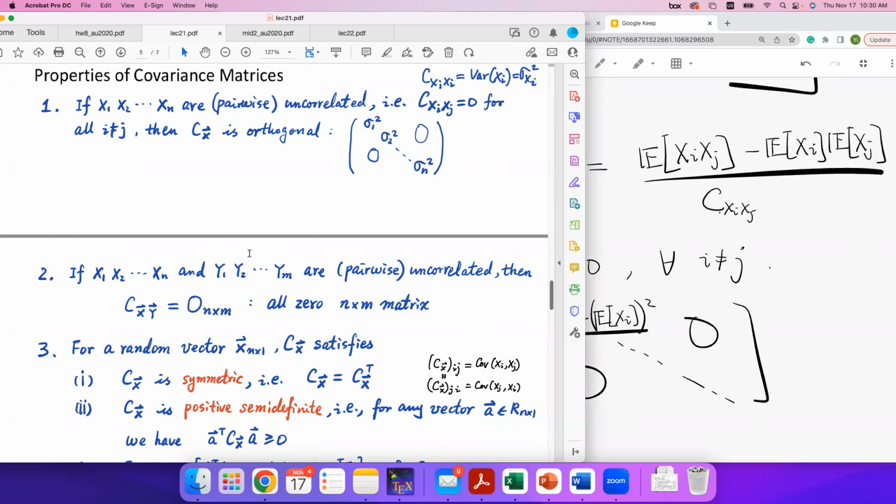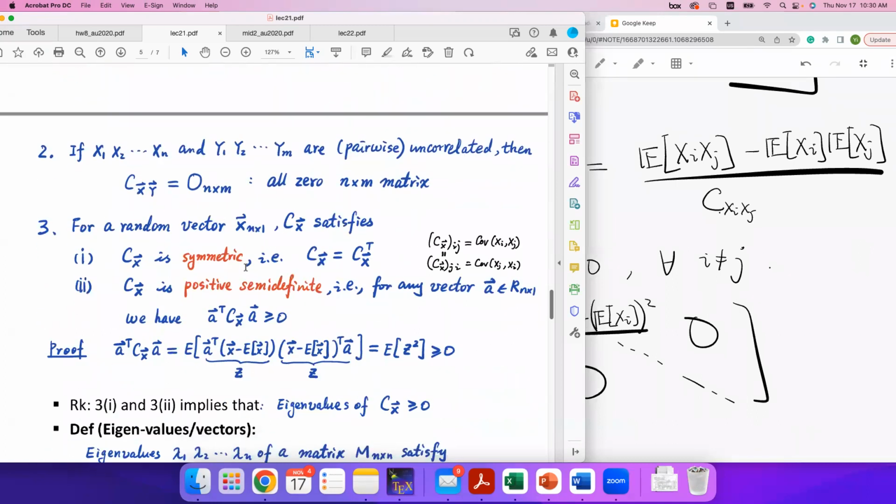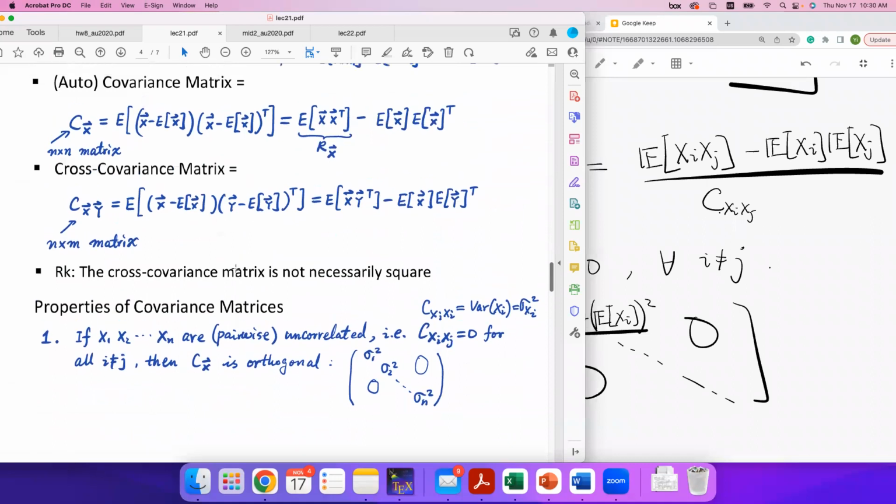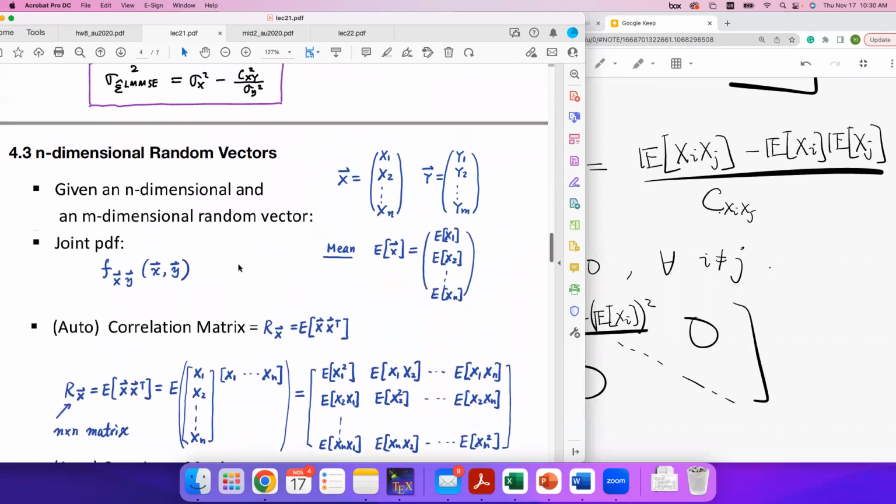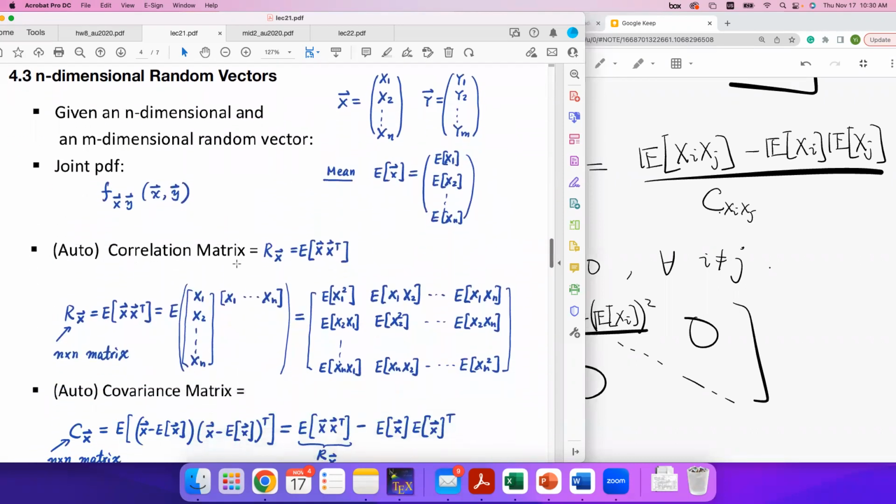We can go over that next time. Okay, I can stop here. So you can see that once we go to these n-dimensional random vectors, the basic idea is exactly the same, but we just need to be careful about the matrix vector notations and the matrix multiplication, linear algebra, all those kinds of stuff.